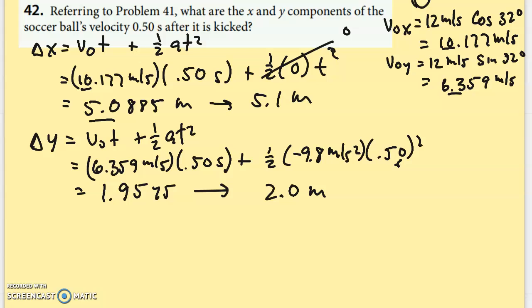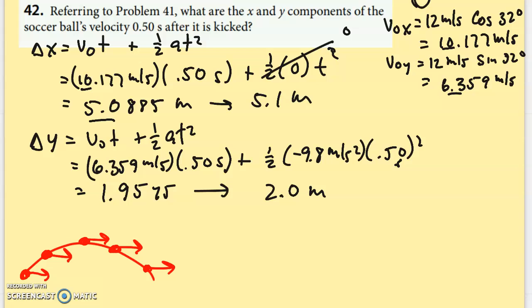A nice picture for you to think of is the parabolic path that the ball travels on, and here's the ball at a few locations along there, and the x velocities are always going to be the same size. Always the same size. How come? We say inertia. We don't really know why that's the case, but we know that things will maintain their velocity if there's nothing pushing on them.